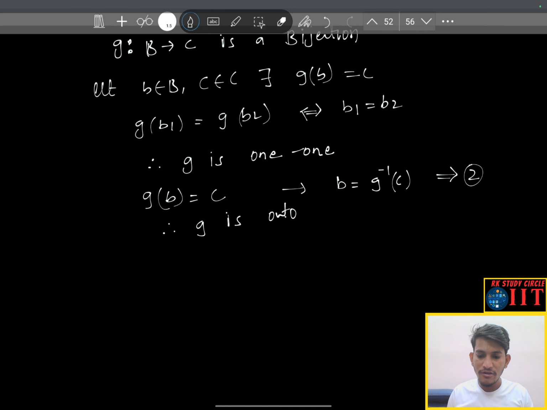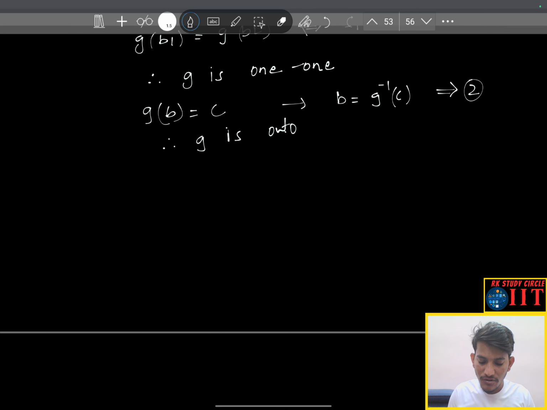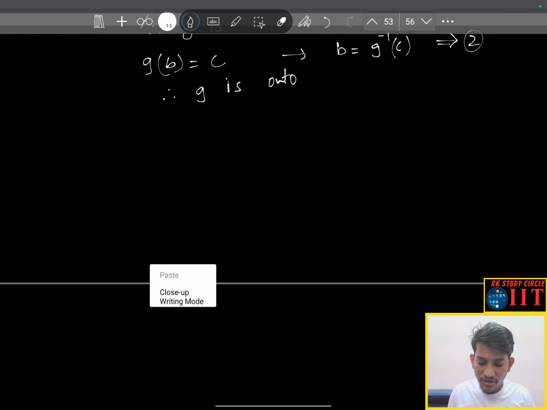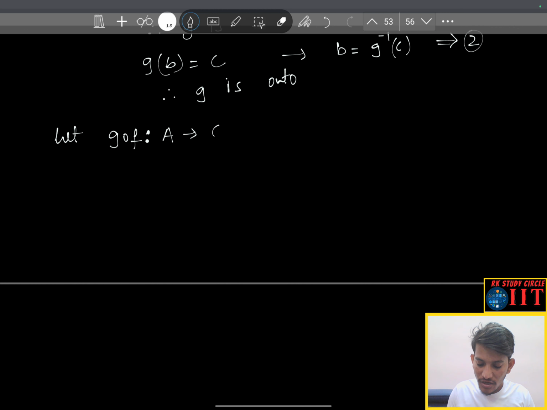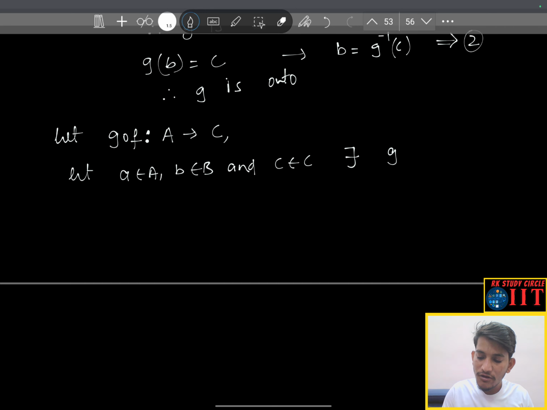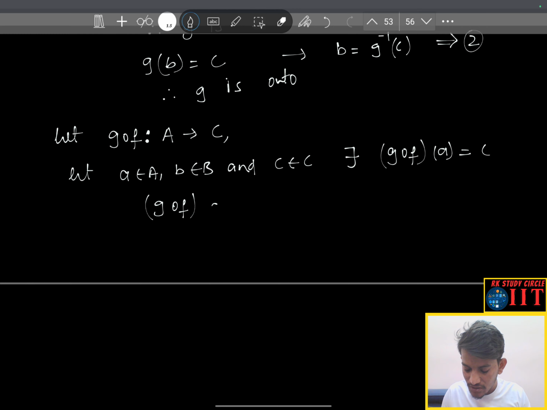Getting into the actual question, let me mention g∘f mapping from A to C. Here let small a belong to capital A, small b belong to capital B, and small c belong to capital C, such that g of f of input value a and output value c. Therefore, here we have the equation g(f(a)) equals c, right?